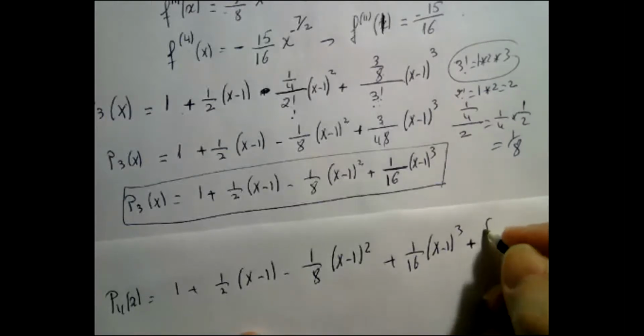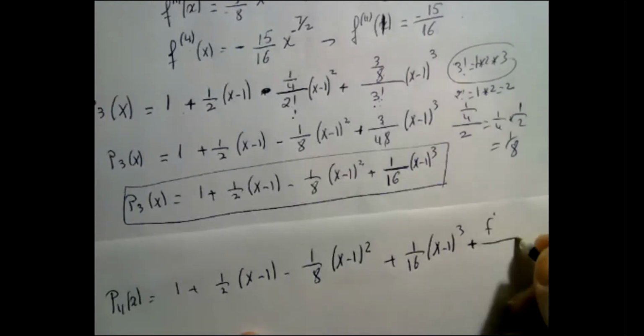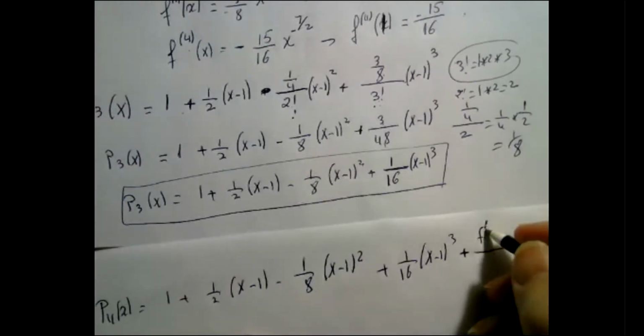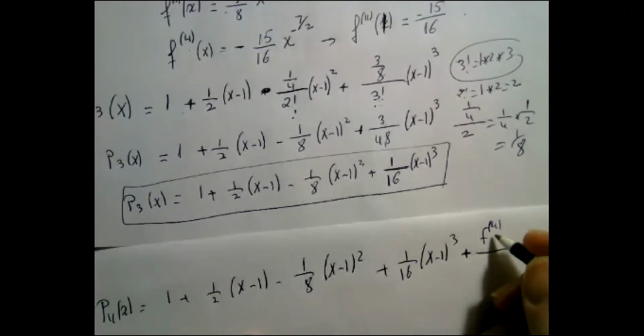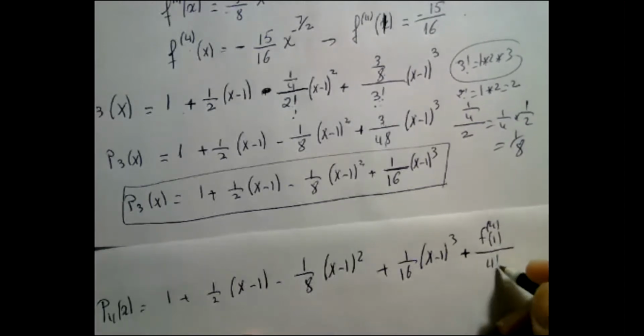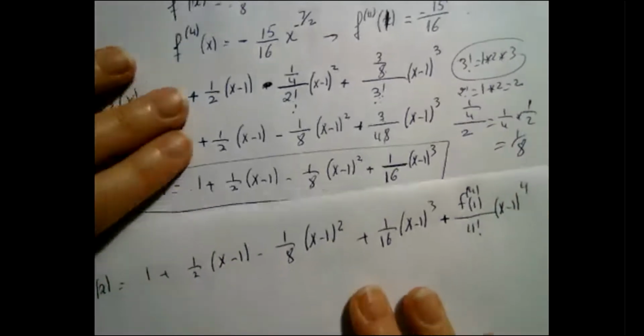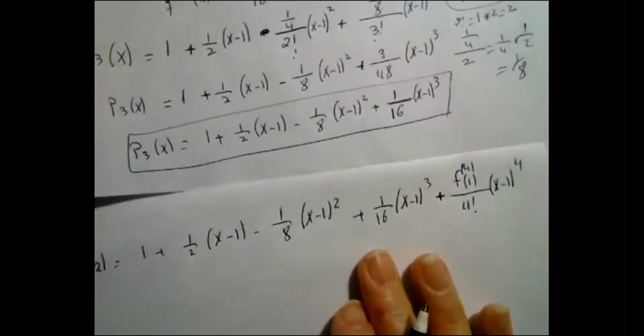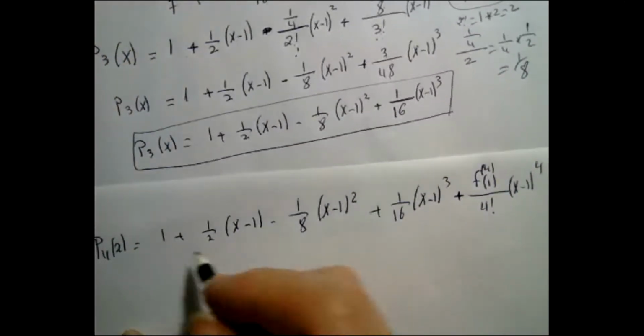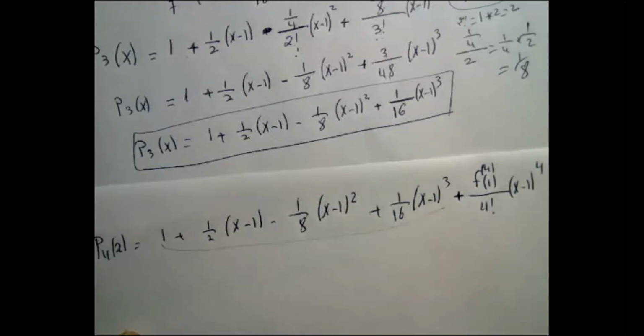You add the fourth derivative at 1 over 4 factorial, (x minus 1) to the power 4. Okay, so we're adding the same kind of term. So it's the third, but you add this term to it. That's what the fourth degree is about.